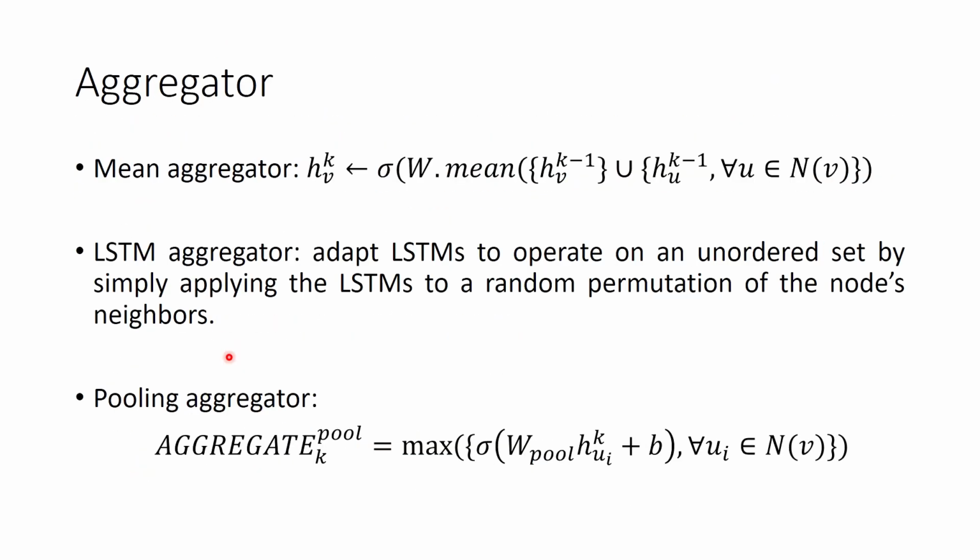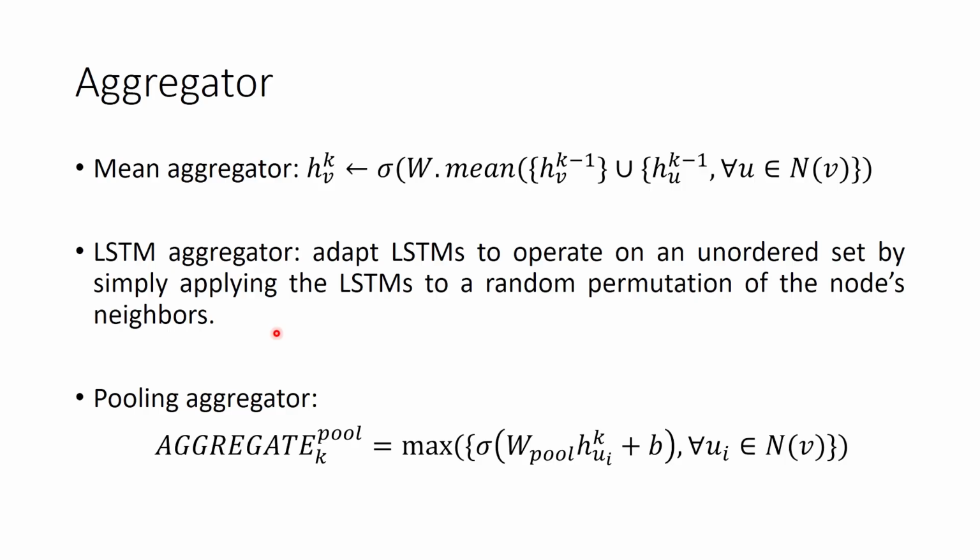And again, in the LSTM aggregator we adapt LSTM to operate on an unordered set by simply applying LSTMs to a random permutation of the node's neighborhood.